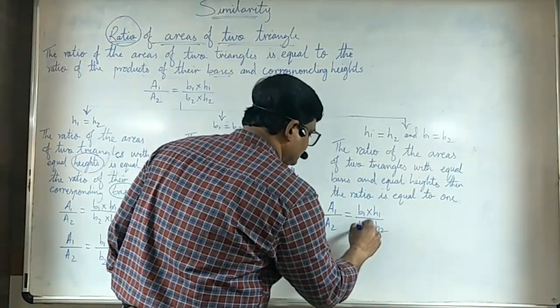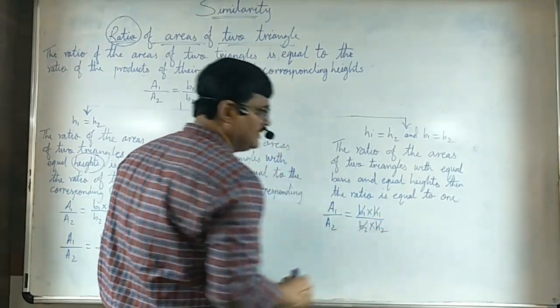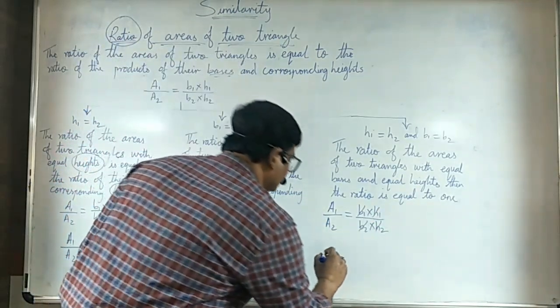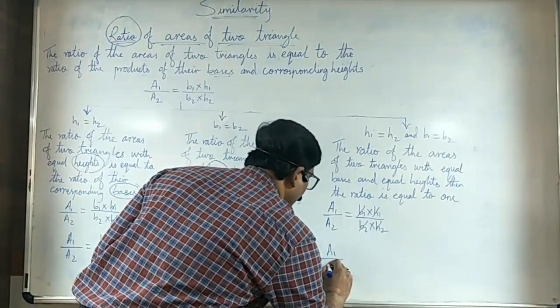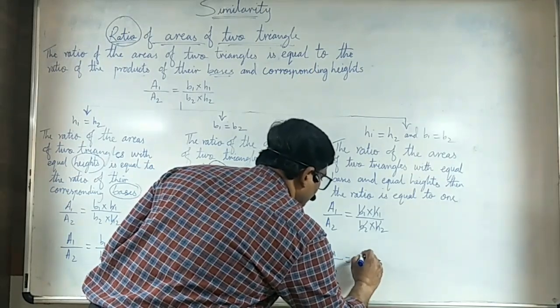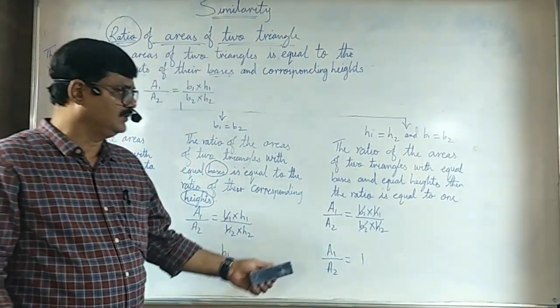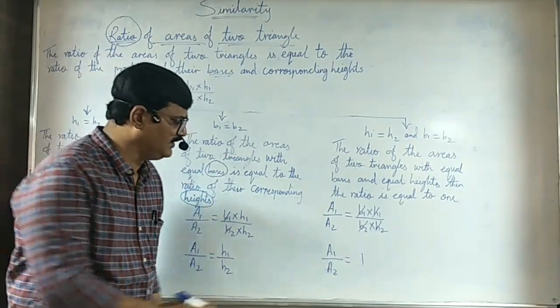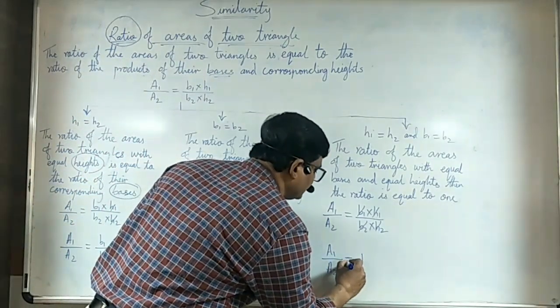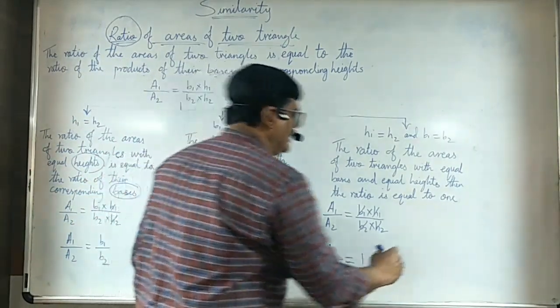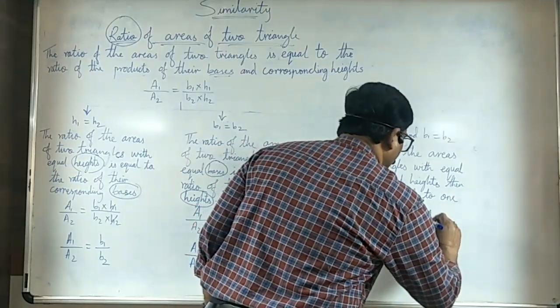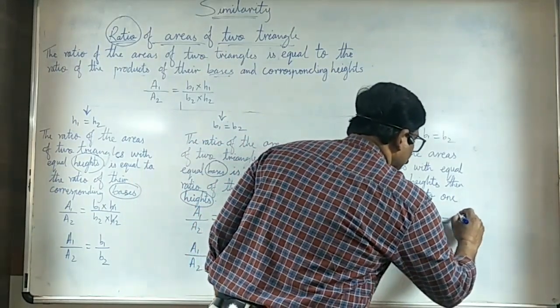So if I cut the base and also cut the height, A1 upon A2 will be equal to 1. If I cross multiply, A2 will go and multiply on that side, so A1 is equal to A2.